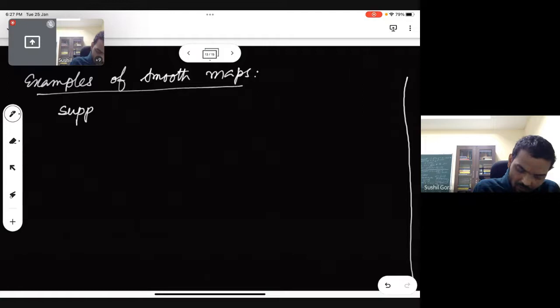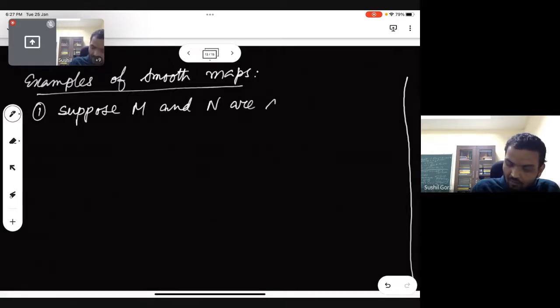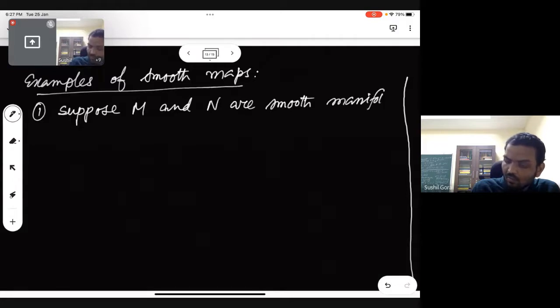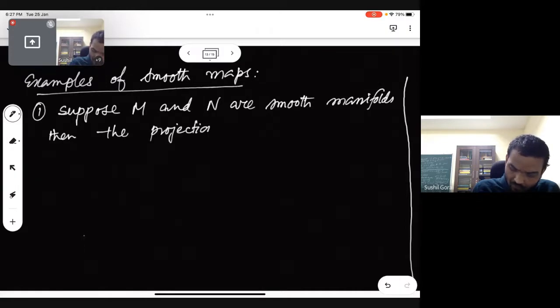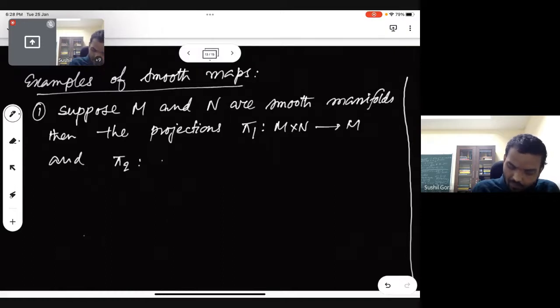Suppose M and N are smooth manifolds, then the projections pi 1 from M cross N to M and pi 2 from M cross N to N are C infinity.